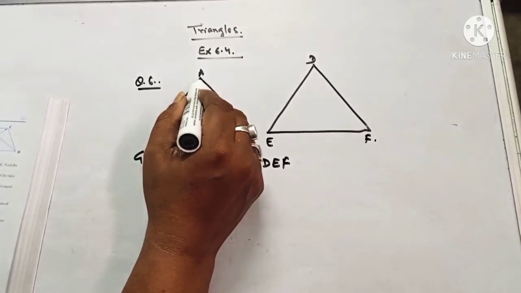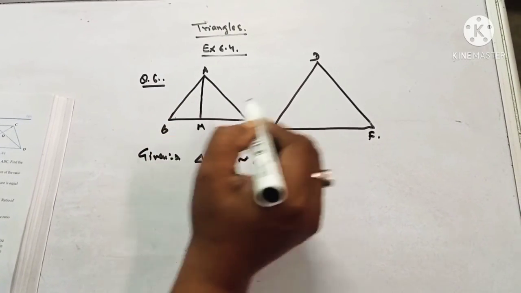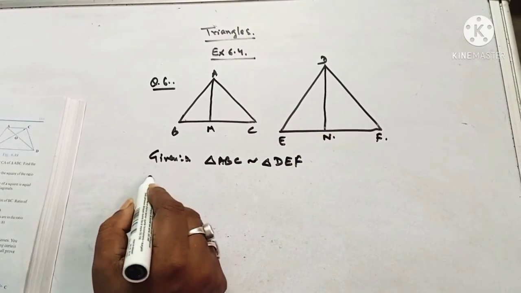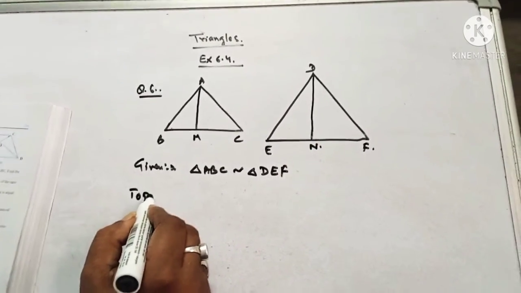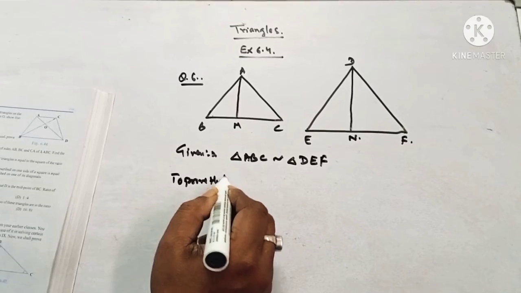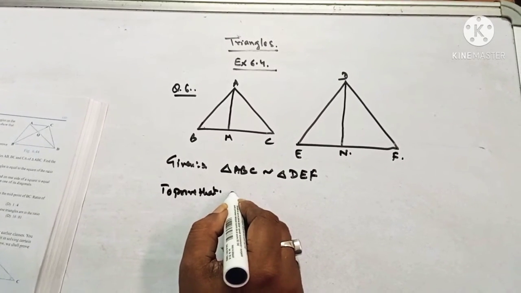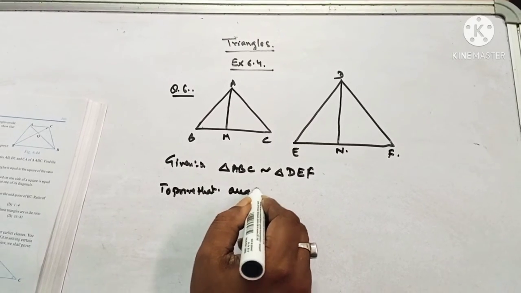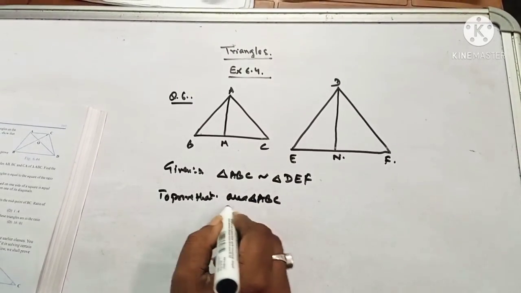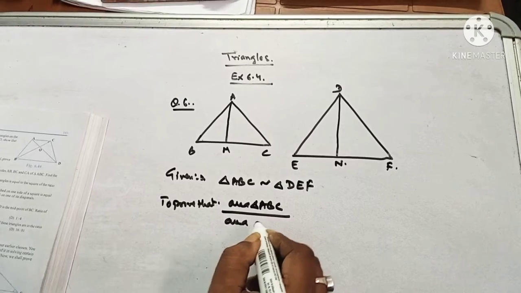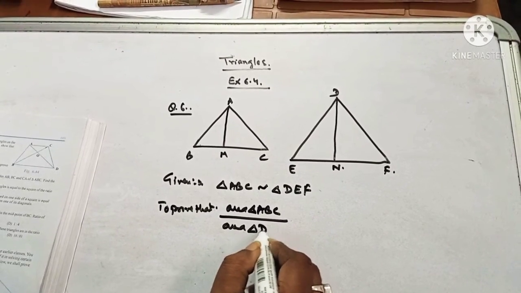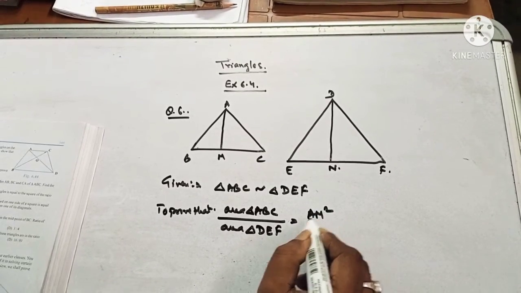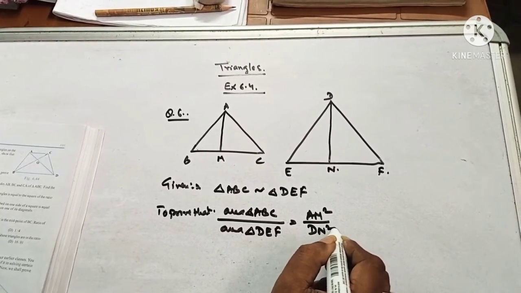Now to prove that the ratio of the areas is equal to the ratio of the squares of their medians: area of triangle ABC by area of triangle DEF is equal to AM square by DM square.